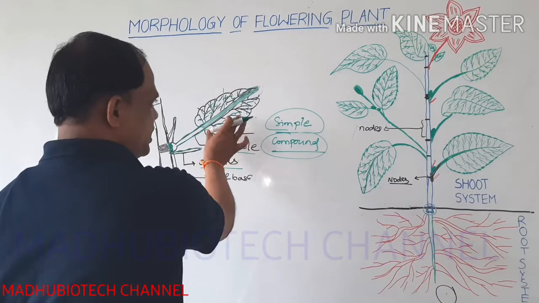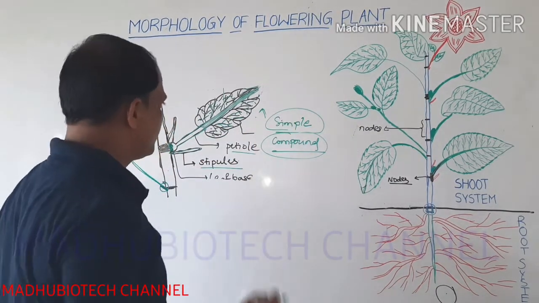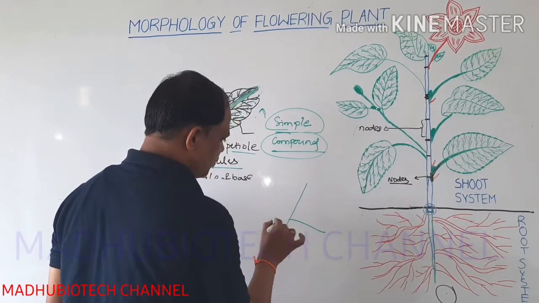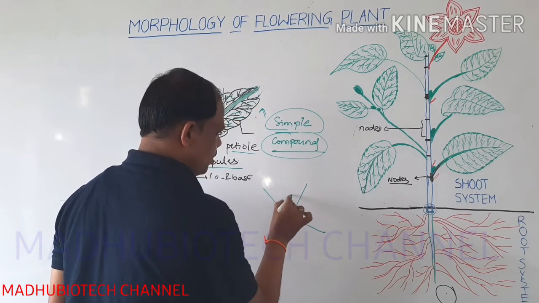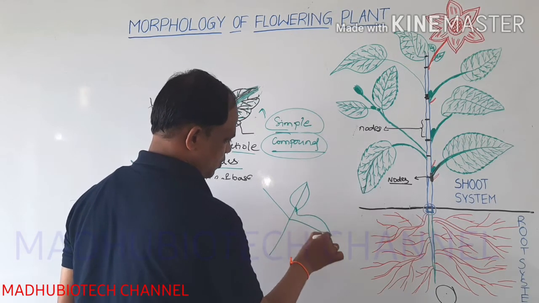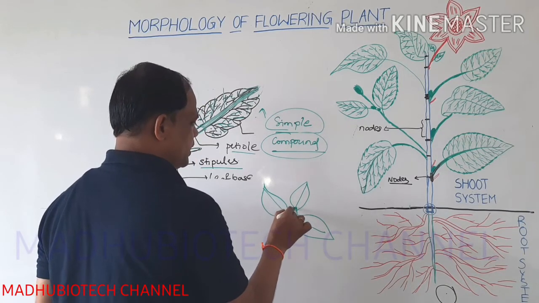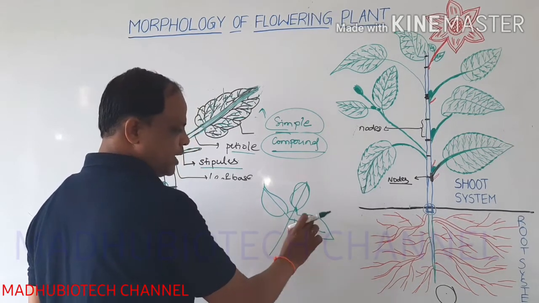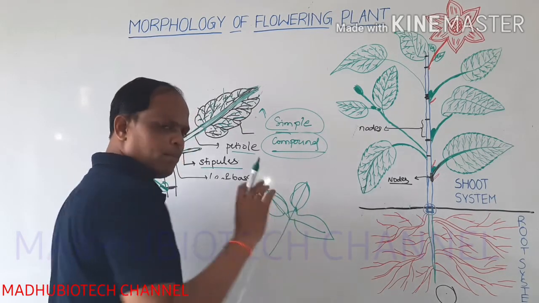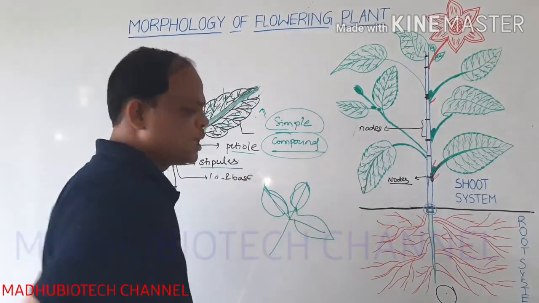Simple leaves means an individual leaf is called a simple leaf, with a midrib. In compound leaves, the midrib takes a number of incisions and it can develop at one node as a group of leaflets.